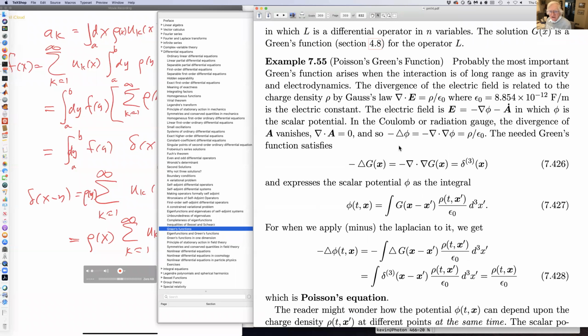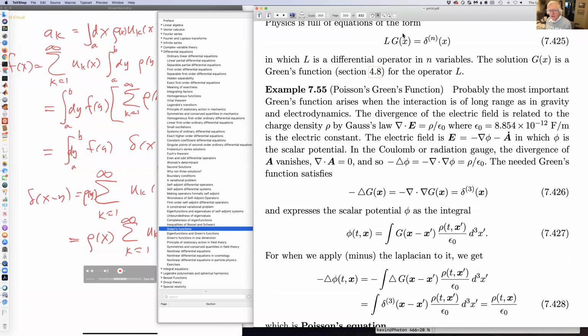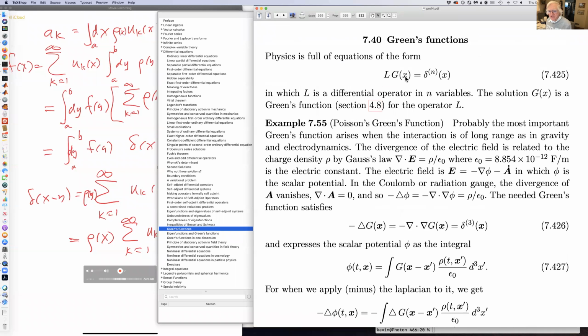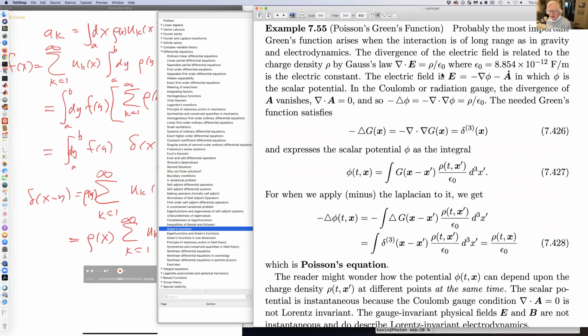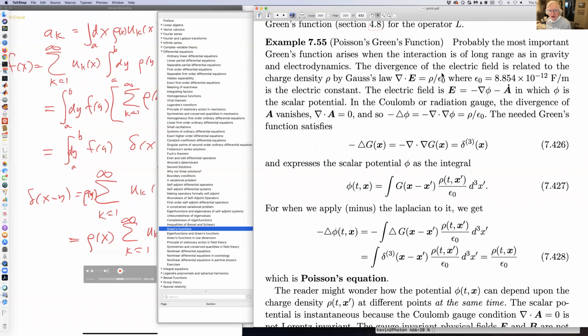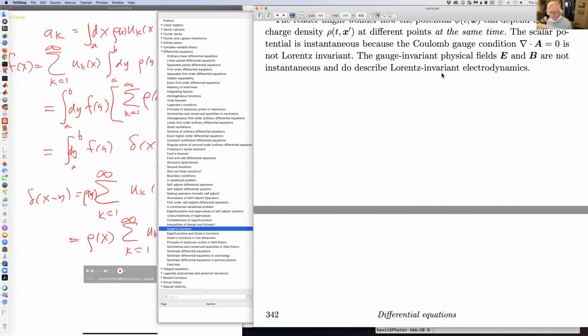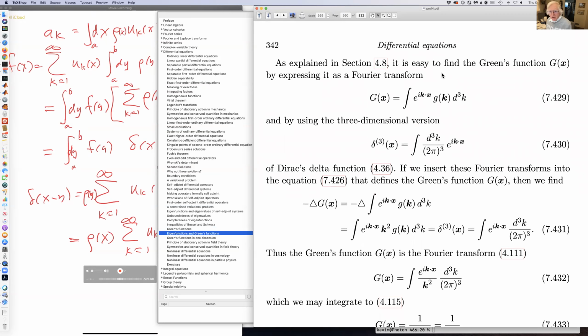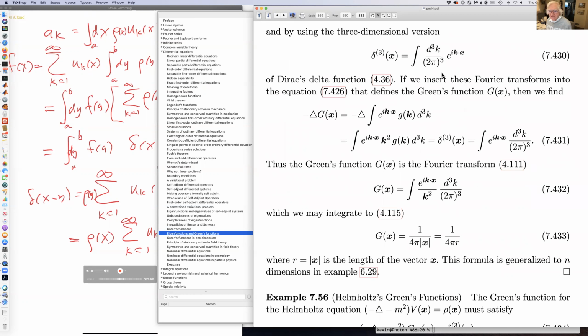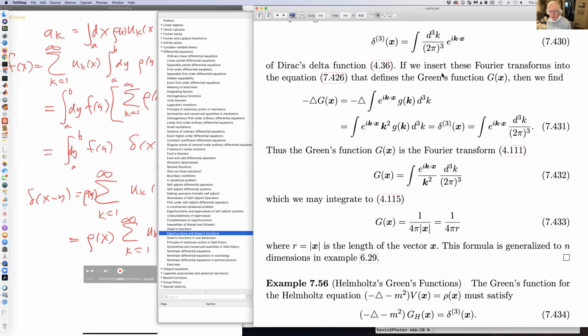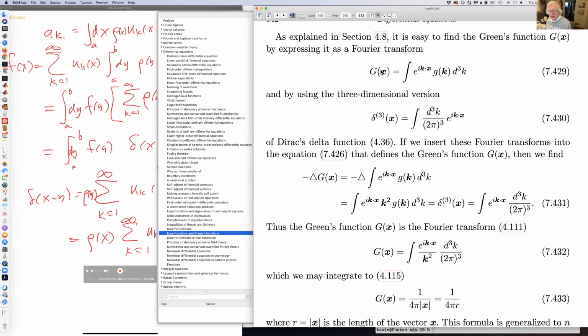The general definition of a Green's function, or at least a huge class of Green's functions, are functions such that when the differential operator acts on the Green's function, you get a delta function. The way this works is something that we saw many times. You write the Green's function this way, the delta function that way.